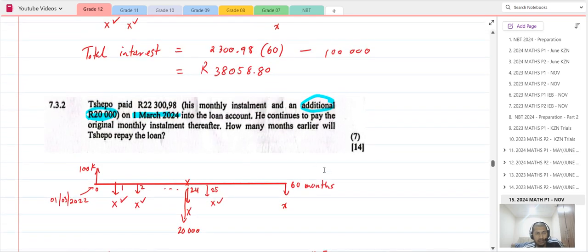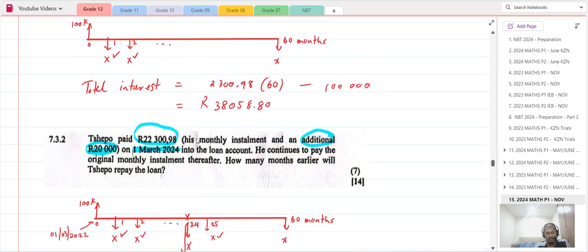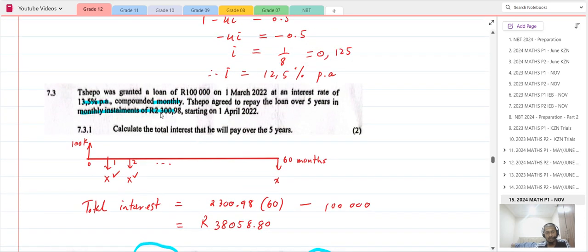We have a problem because, see, there's 22,300. Why is this information there? It's irrelevant. Sepo paid 22,300.98, his monthly installment. His monthly installment was not 22,300.98. His monthly installment was 2,300.98.